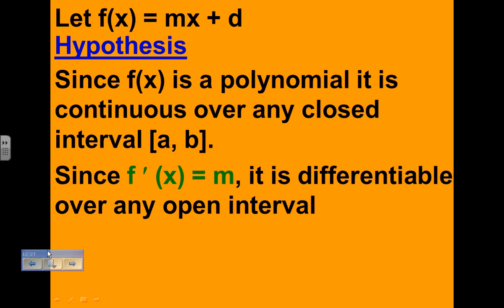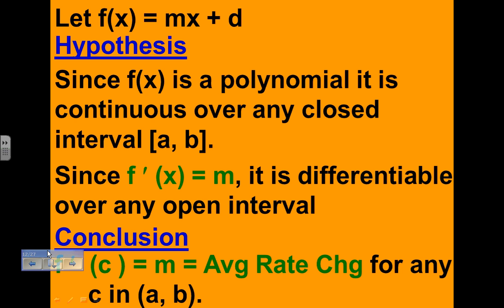f prime of x equals m, right? Well, that means f prime of c equals the average rate of change for any c. That's just what we wrote. f prime of c equals m, which equals f of b minus f of a all over b minus a. It equals the average rate of change. So since it matches the hypothesis, the conclusion has to be true.